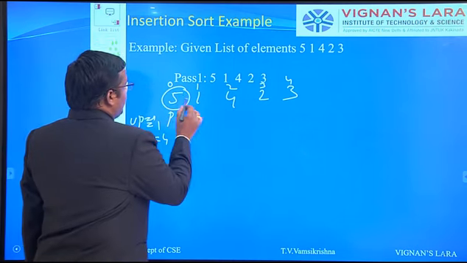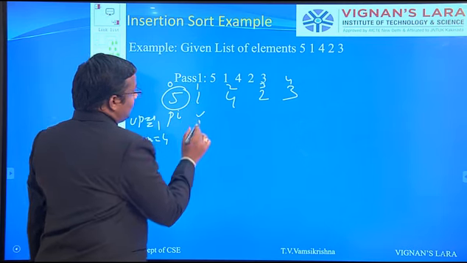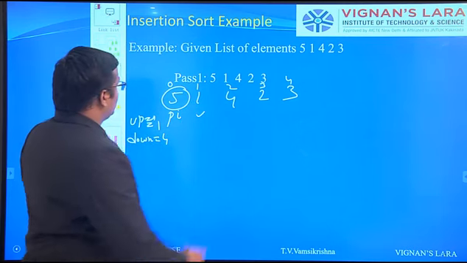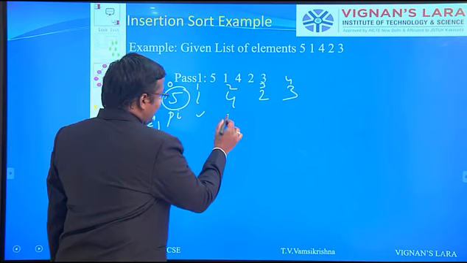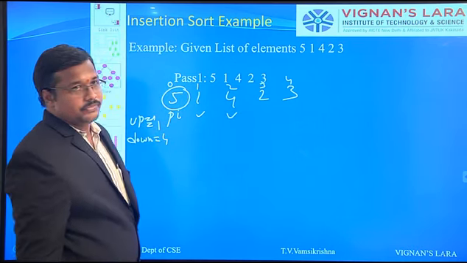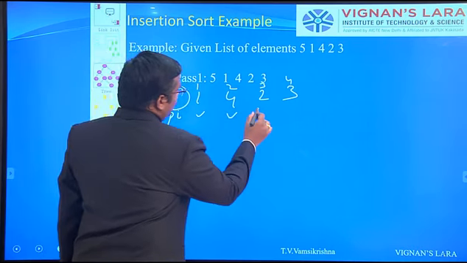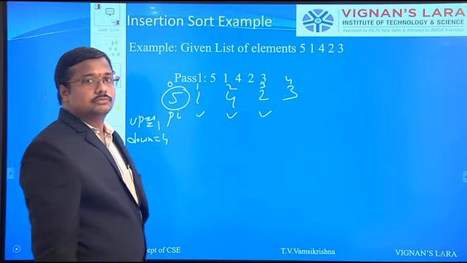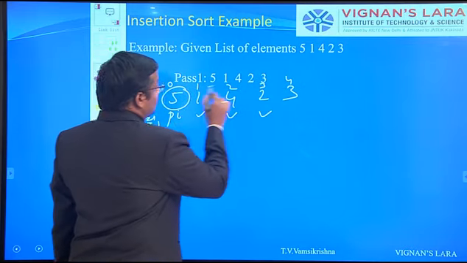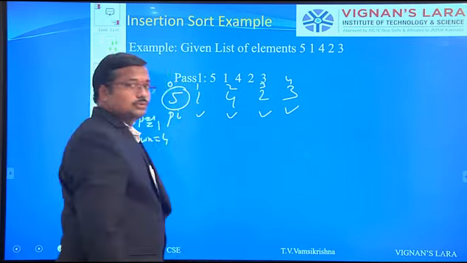Comparing 5 with 1, less, condition is true. 5 with 4, less, condition is true. 5 with 2, less, condition is true. 5 with 3, less, condition is true.